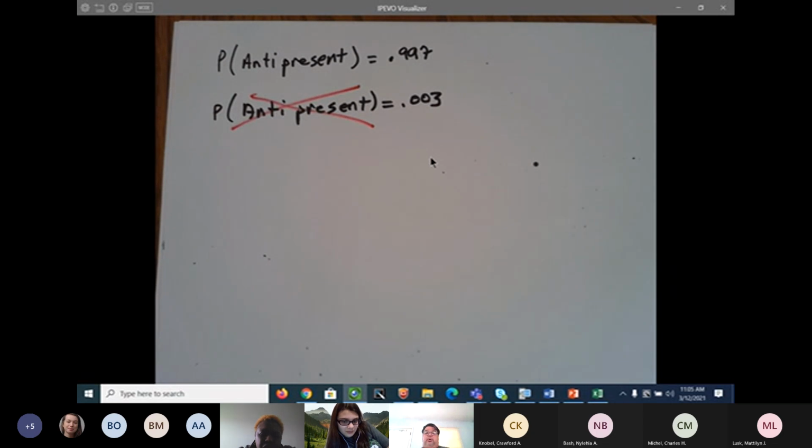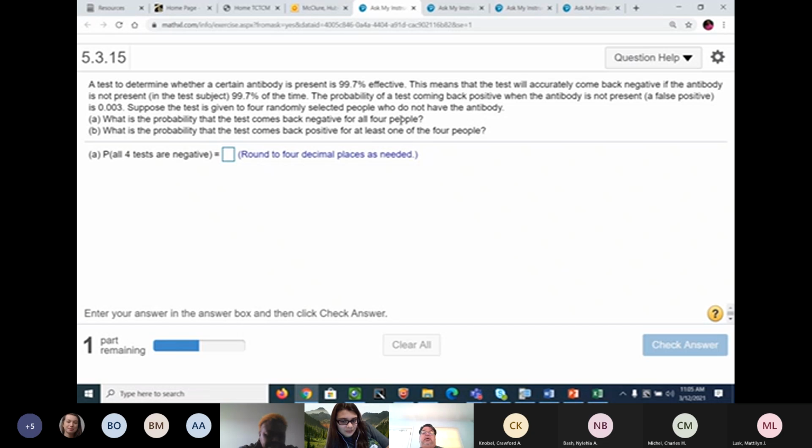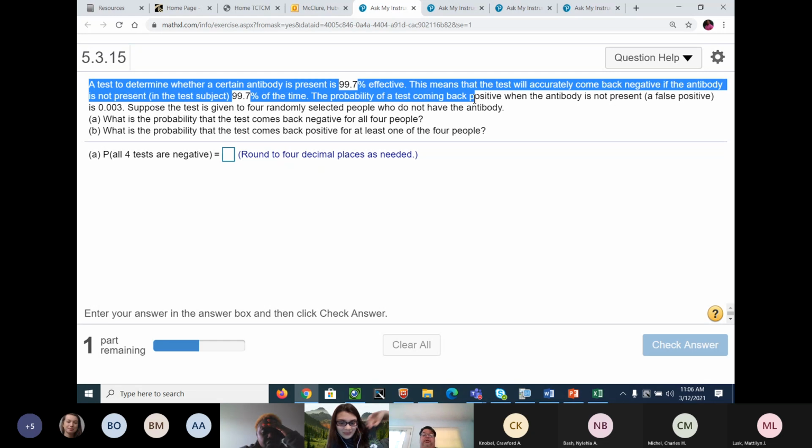So now let's go back to the question. It says, suppose the test is given to 4 randomly selected people. I'm just writing that down. So out of all this confusion right here, does everybody see all of that?